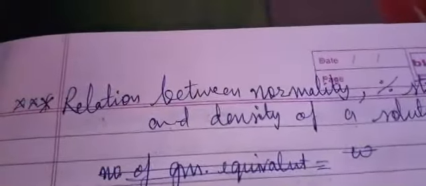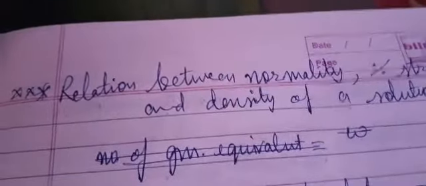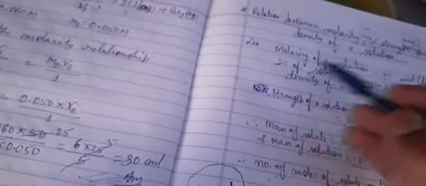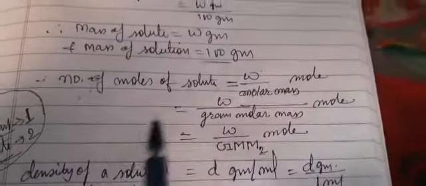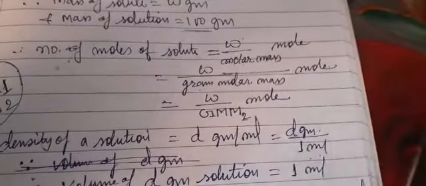Earlier we have discussed certain terminology. The volume of the solution you have already calculated, and I have already assumed these calculations of the first part: the mass of the solid, the mass of the solution, and the number of moles of the solute are already calculated here.